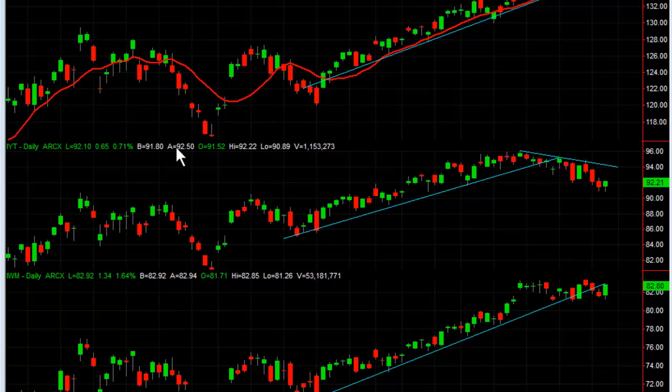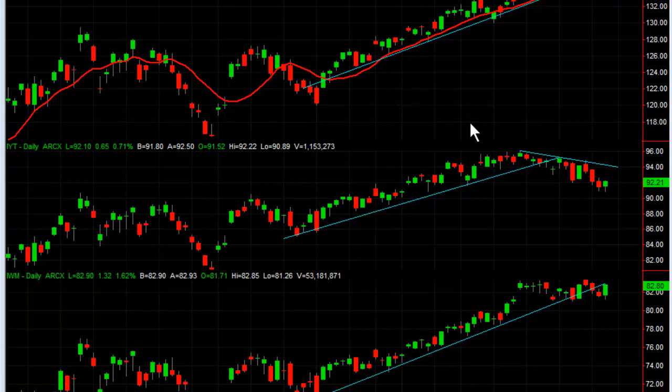And that's on the top, and then you have the Dow Jones Industrial Transport, which is the ETF IYT, and then the Russell 2000 Index, which is an ETF for the Russell 2000, IWM.